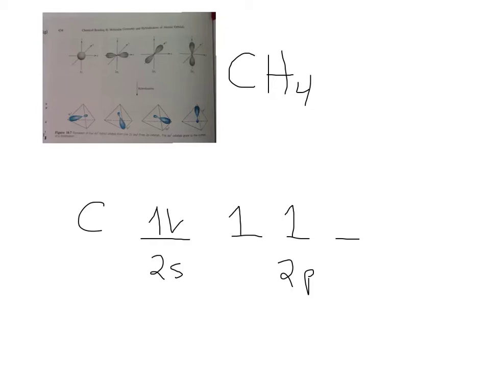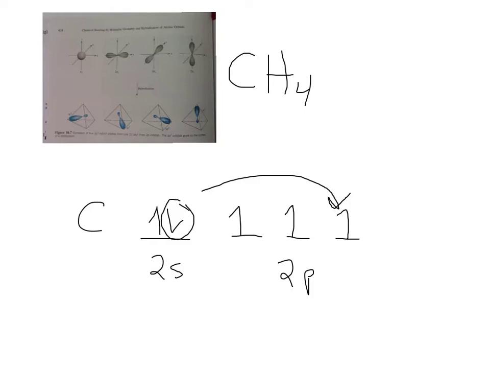Carbon has only 2 orbitals with 1 electron in them. We need to get 4 altogether. So the thought is that this electron right here, or possibly the other one, moves over to the 2p orbital and changes its spin, so it becomes a positive spin.